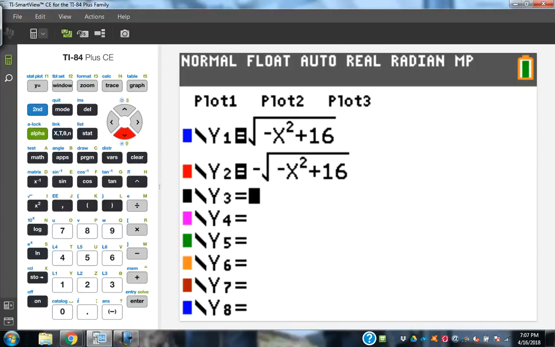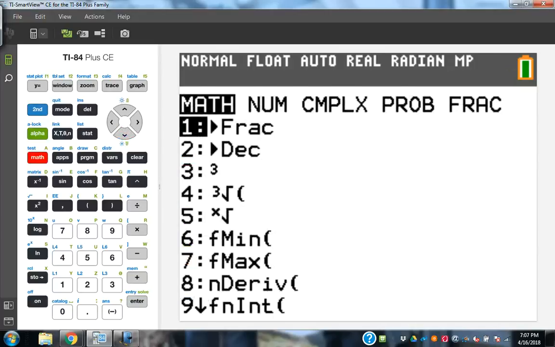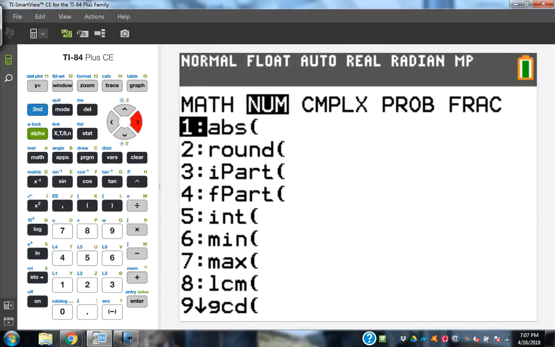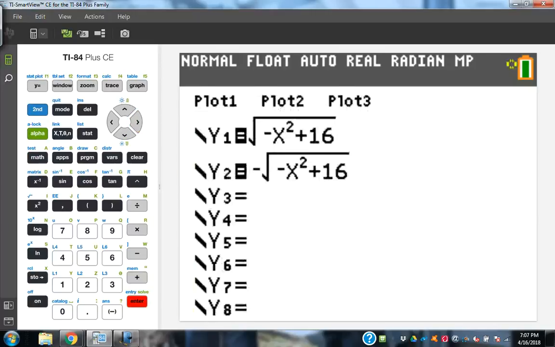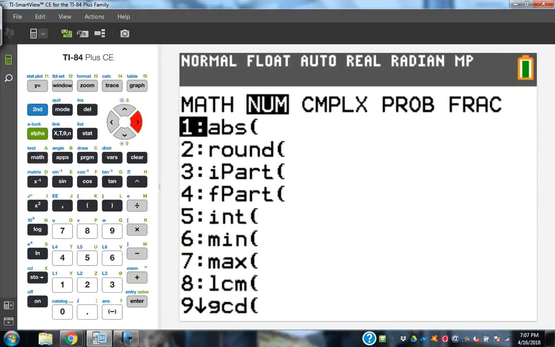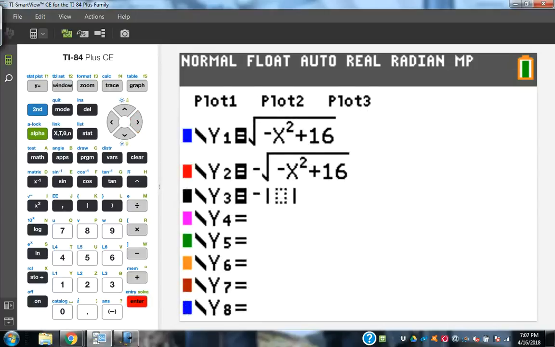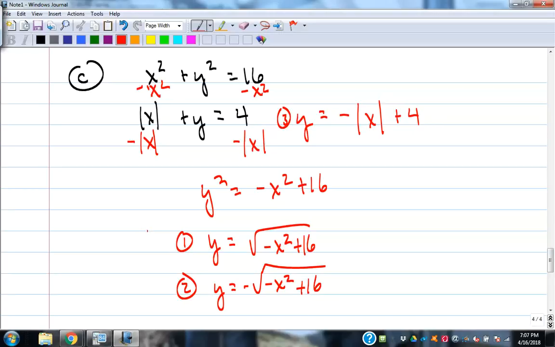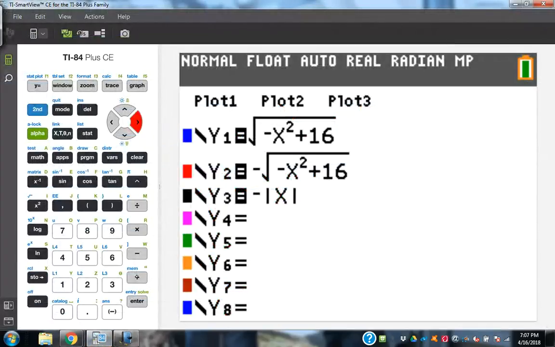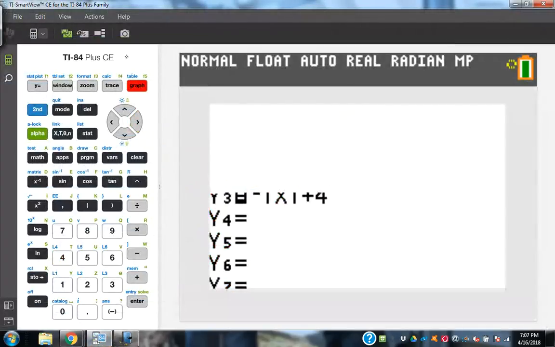To get absolute value, one of the ways is to hit math and then go over to the number. And the first option, ABS, is absolute value. Okay, so I need the negative absolute value, math, number, ABS of x. And then it's what, plus 4? Plus 4. And I'm just going to graph those.